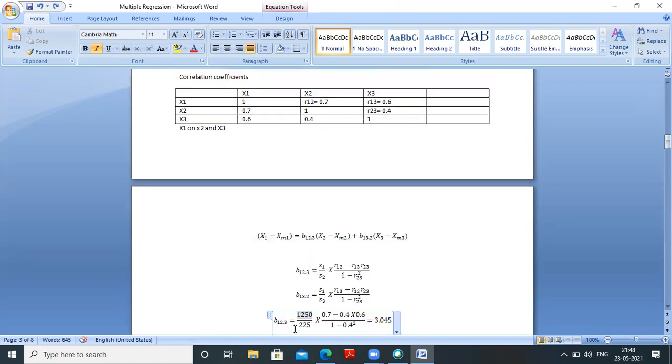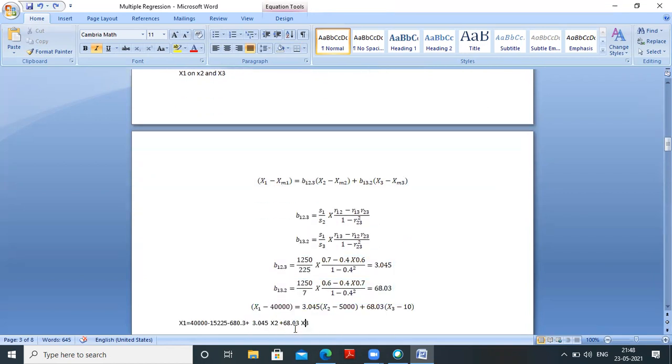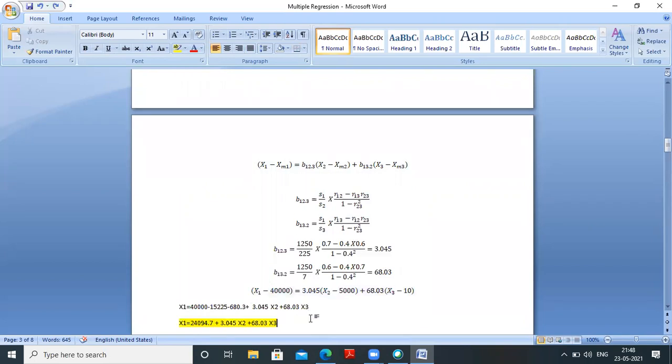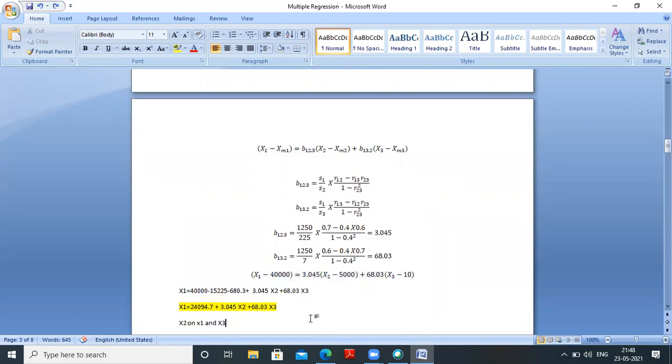Similarly, we can calculate b13.2. Here I have calculated these values. Then by substituting the values of the means, b12.3 and b13.2 in this equation, we find the regression equation of x1 on x2 and x3.